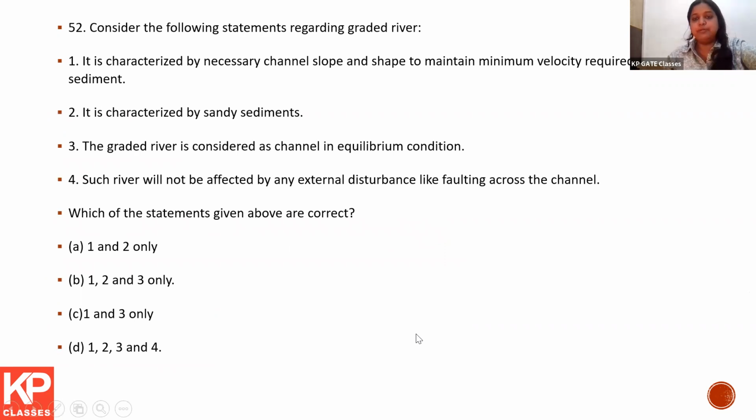Next one. Consider the following statements regarding graded river. They have given the definitions of graded river and asked us to find the correct options. Statement number 1: it is characterized by the necessary channel slope and shape to maintain the minimum velocity required to transport sediment.